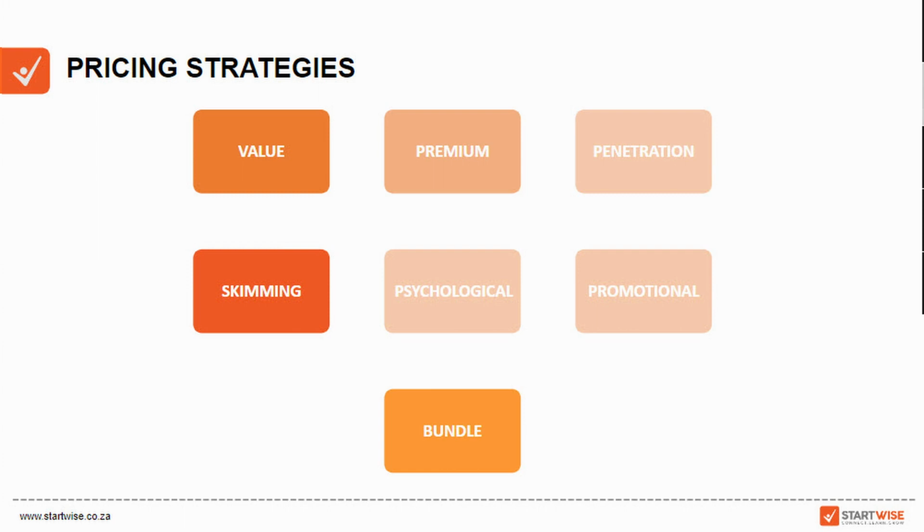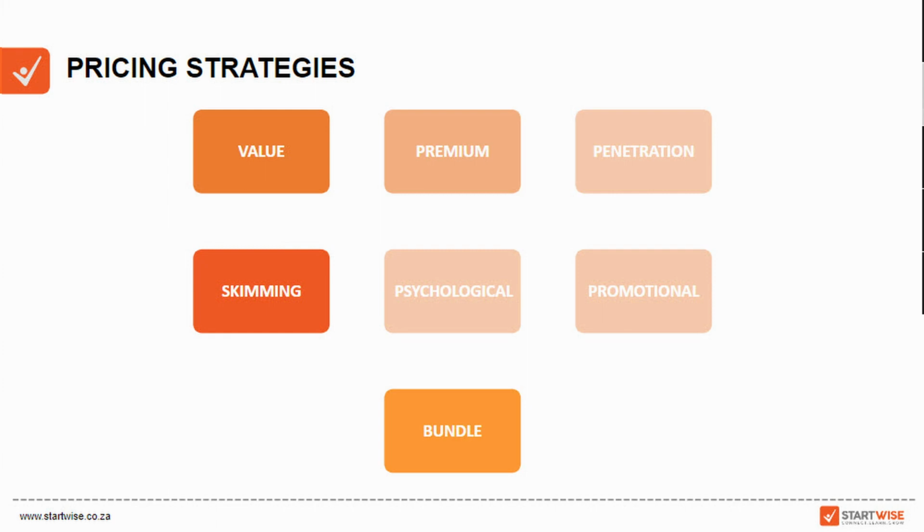that I thought would be applicable. So the first one is value pricing, and we've spoken a bit about this already. Value pricing is used when competition is quite tough in an industry, and you need to make sure that people buy your product or service. So what you try and do is make it slightly cheaper than your competitors.